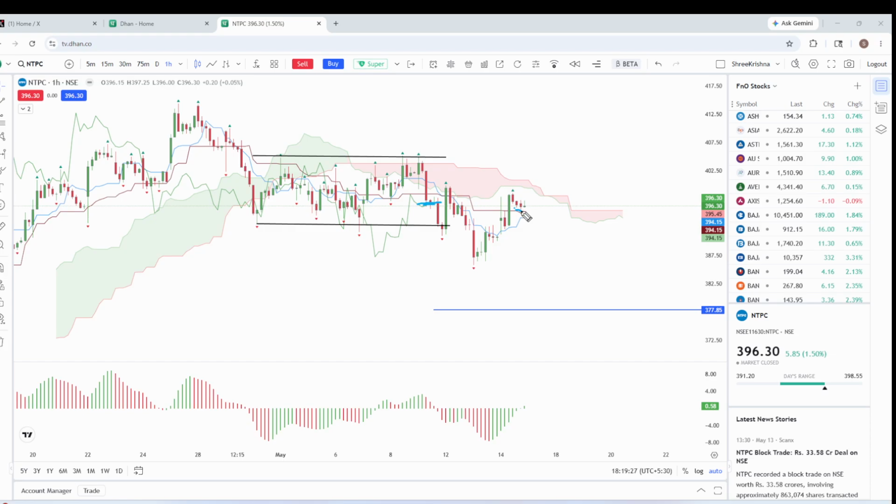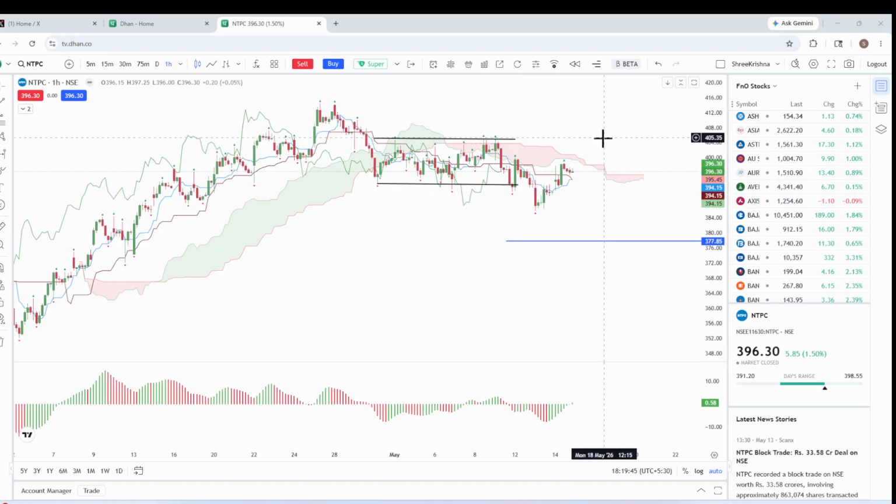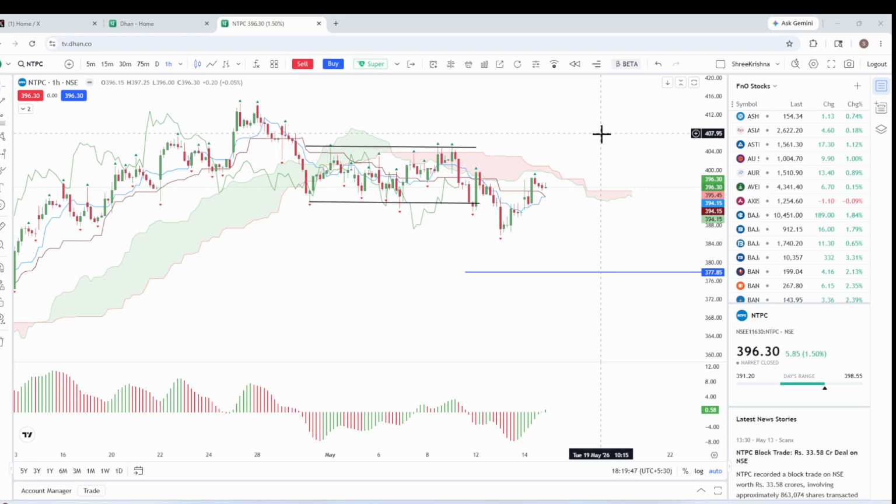Kijun Sen is heading down, Tenkan Sen is flat, Senkou B is flat, Senkou A is pointing down. So it is telling us that it is going to go down.